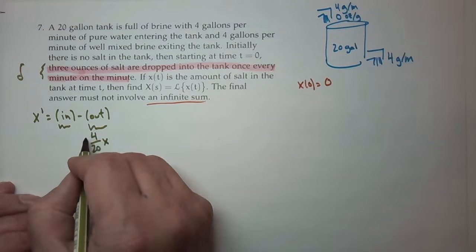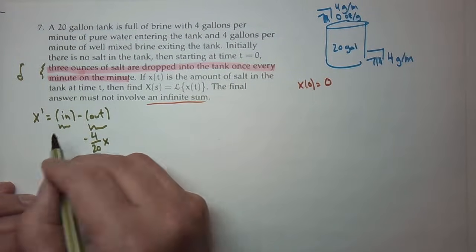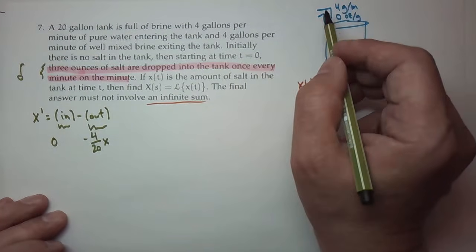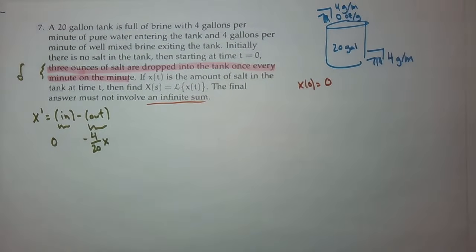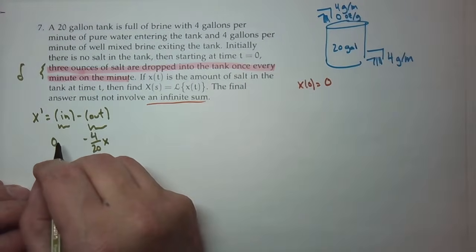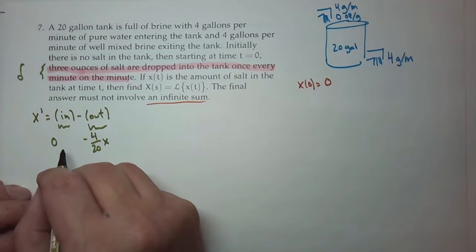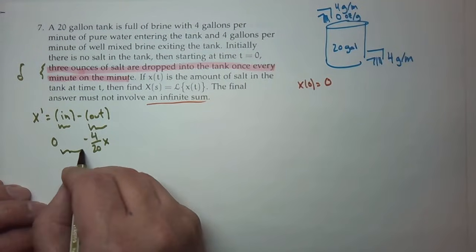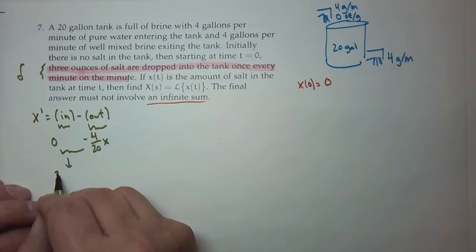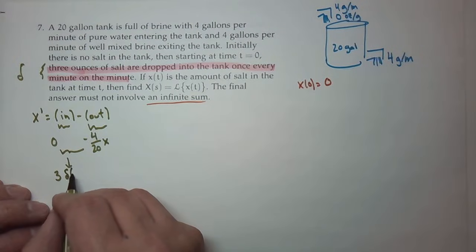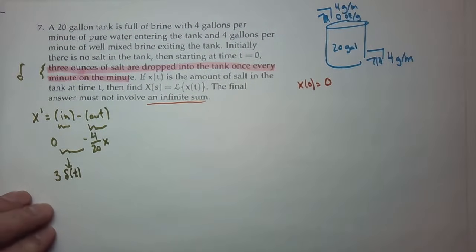Our in, well, we have 0 coming from the pure water, but then we have to account for the salt that keeps getting dumped every minute. So how do we capture that? Well, we have the salt at time 0. So that's 3 delta t. That says, boom, I add something at time 0.